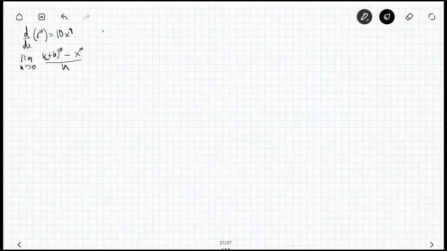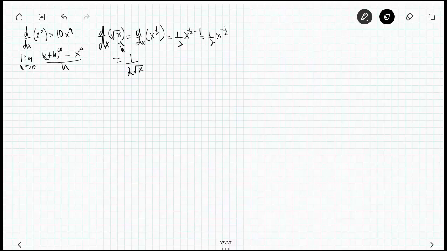A cool ramification of this is, even if it's ugly, if I want to take the derivative of, say, the square root of x, well, this is equal to the derivative of x to the 1/2, which is equal to, according to the rule, 1/2 x to the 1/2 minus 1, which is equal to 1/2 x to the negative 1/2, which is equal to 1 over 2 root x. Right? That's awesome. You are going to want to memorize that.